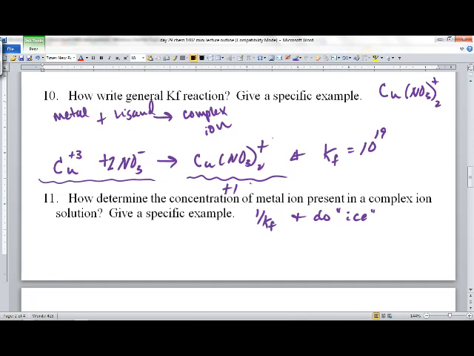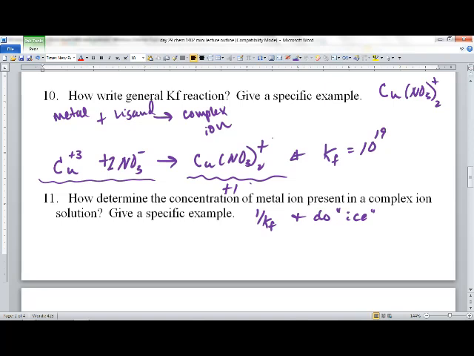Now there's two types of complex ion problems. One was, oh, hey, the concentration of that complex ion is 0.1 molar. Okay, what's the free metal concentration? You just write the 1 over Kf reaction and then do ICE. And you put the 0.1 molar in the initial row under the complex ion. Yeah. Okay, so that's the straightforward way.